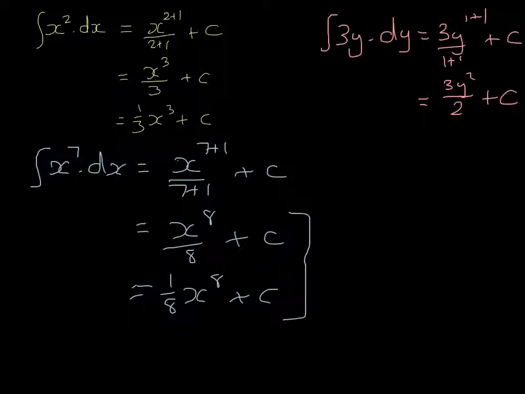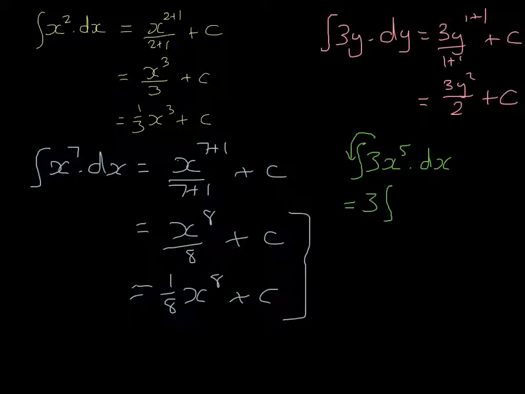And if we do one more example, I'll just pick a different colour, nice green. If we want to do the antiderivative of, say, 3x to the power of 5 with respect to x, dx, that's actually equal to, what we can do, this 3 is a constant, so we can bring it out the front.